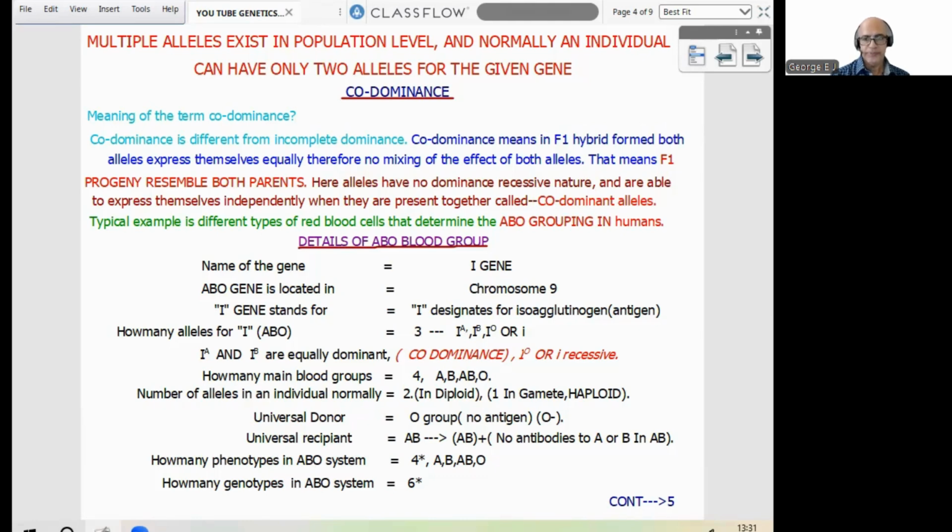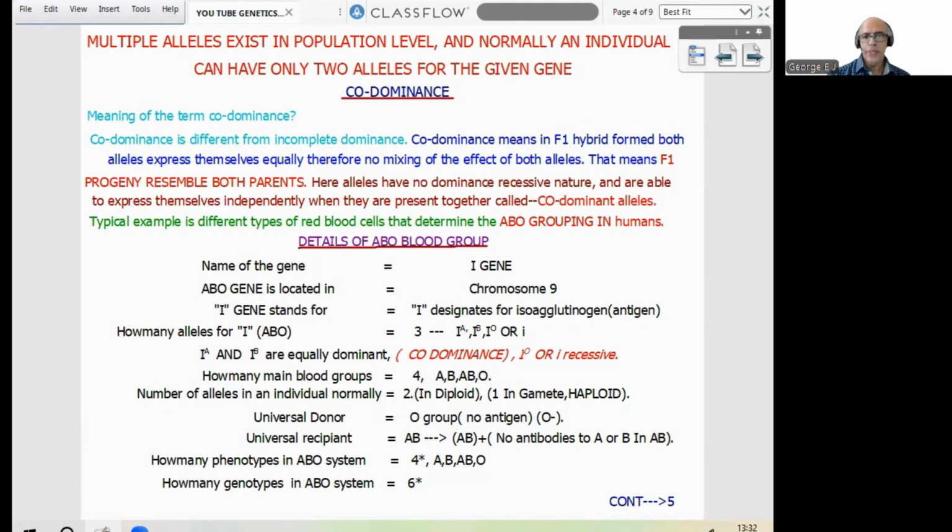So equal expression, what does it further mean? In the F1 progeny that resemble both the parents. And here, alleles have no dominant-recessive nature and are able to express themselves independently when they are present together. Separate expression, even though together. They are called codominant alleles. A typical example is the different types of red blood cells that determine ABO grouping in humans. I think you got the idea of what codominance is and how it differs from incomplete dominance.